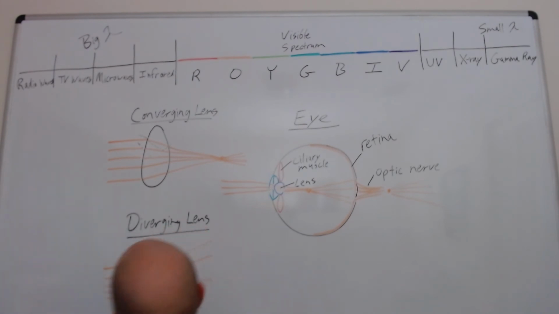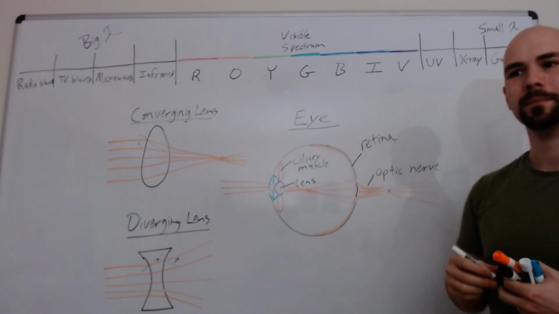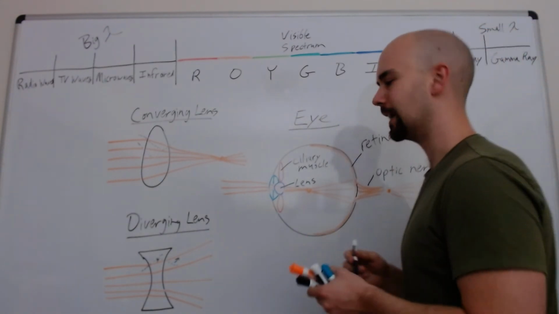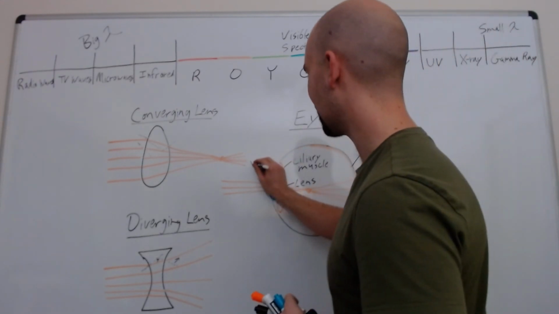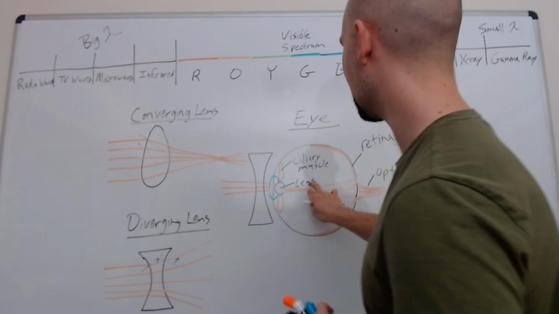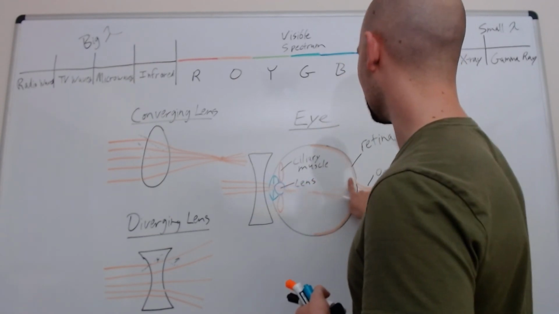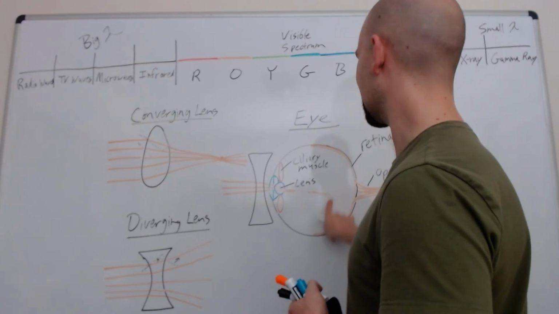So this diverging lens will cause the light to diverge outward, and you can wear glasses that have a slight diverging lens shape, and that's going to cause your focal point to be farther back, which will solve your problem, and then you'll be able to see clearly.